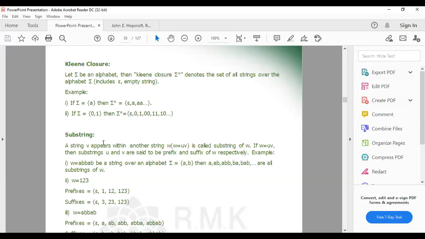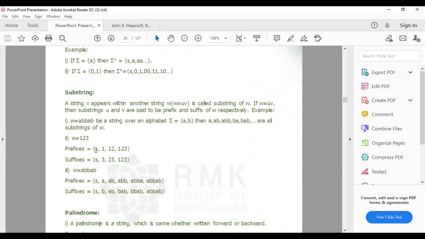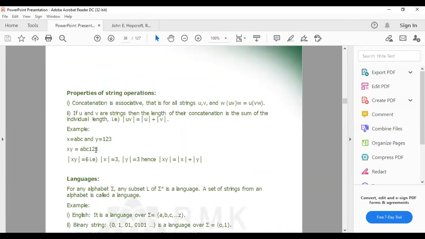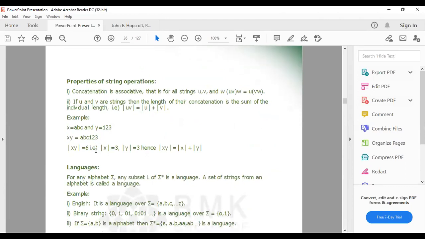And substring, we know what is meant by substring, right? And palindrome. Operations, properties of string operations, and languages. What is a language? A set of strings from an alphabet is called a language.